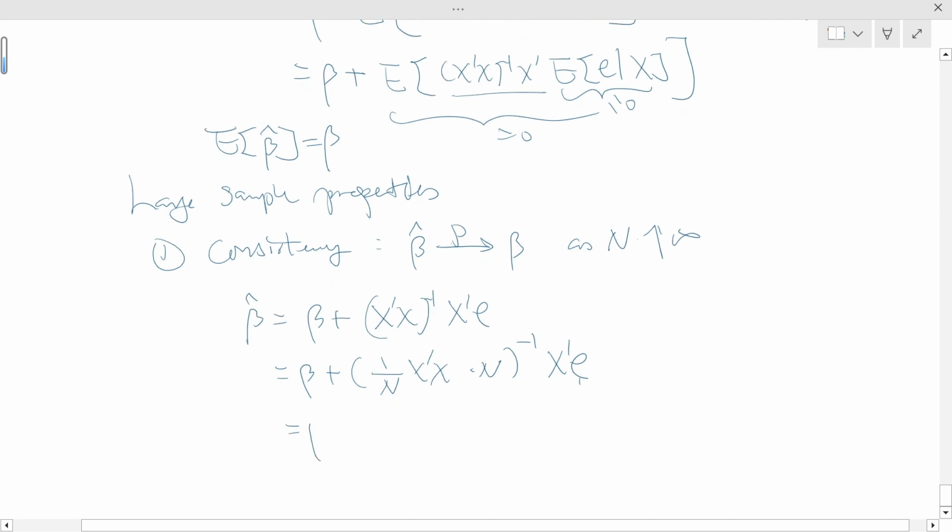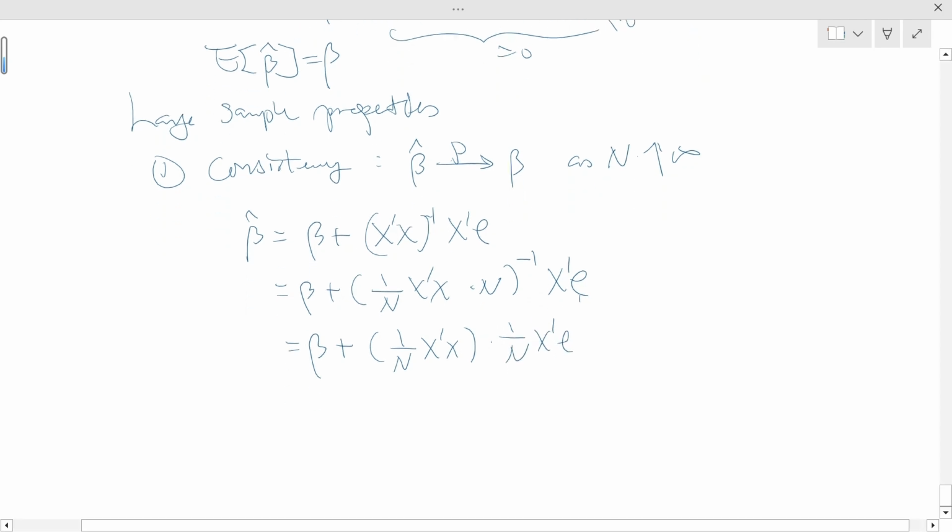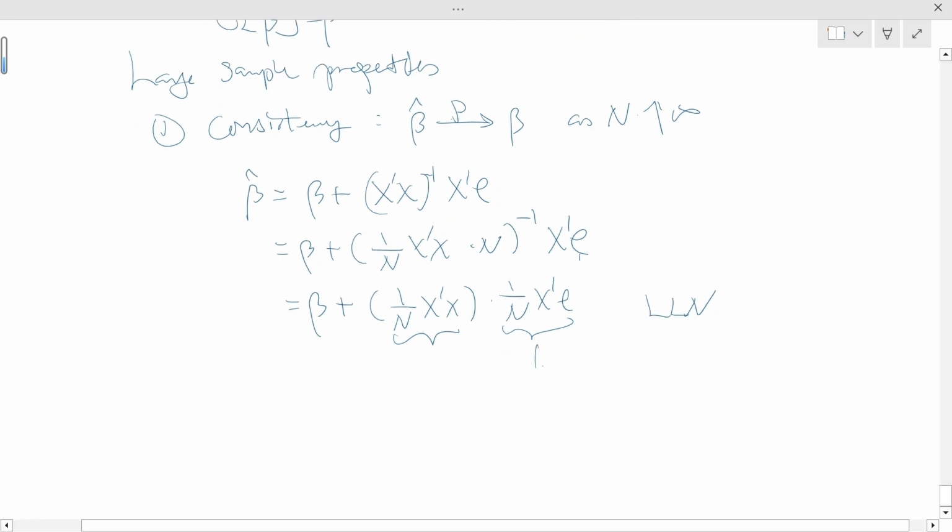So this is equal to beta plus ((1/n) X'X)^-1 times (1/n) X'e. For these terms, we are going to use the law of large numbers to see where they converge in the limit as n goes to infinity. Let's look at this term first.